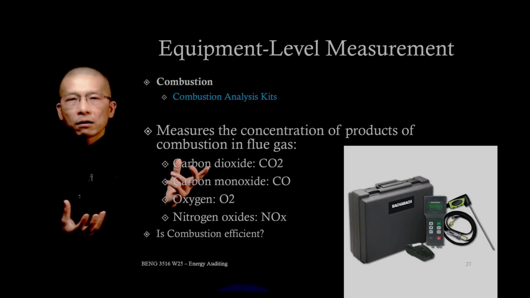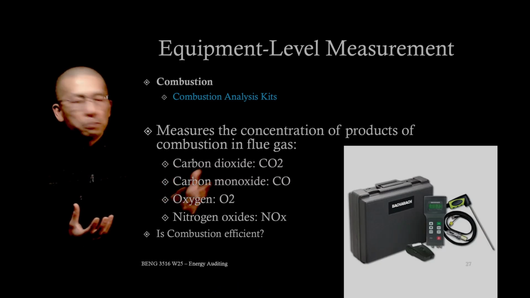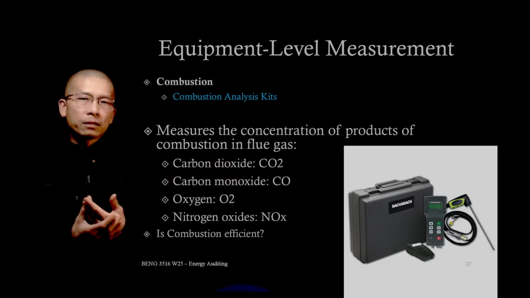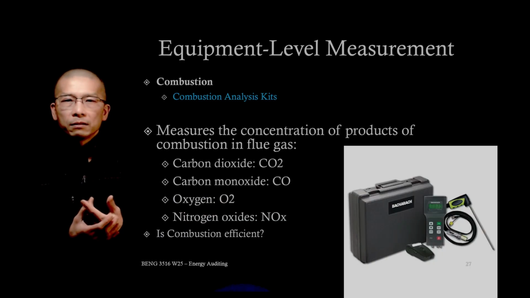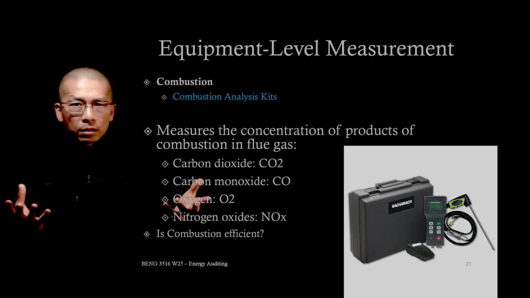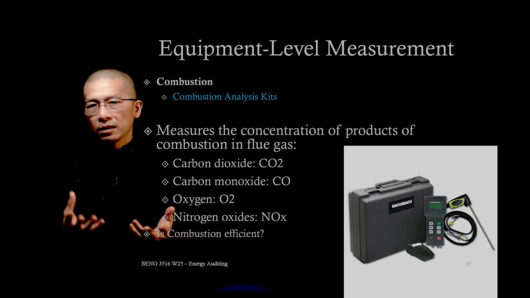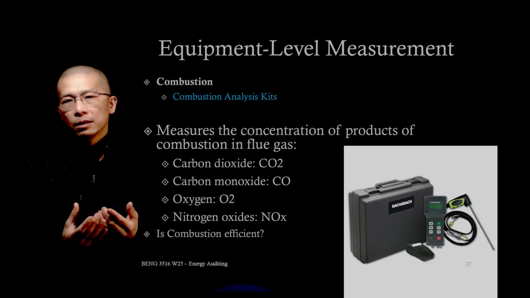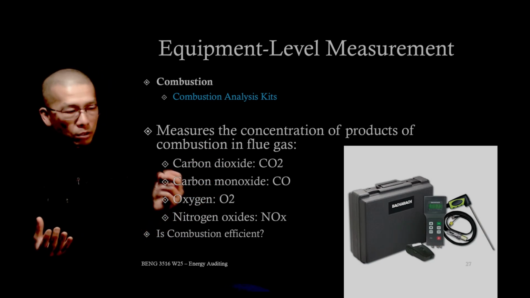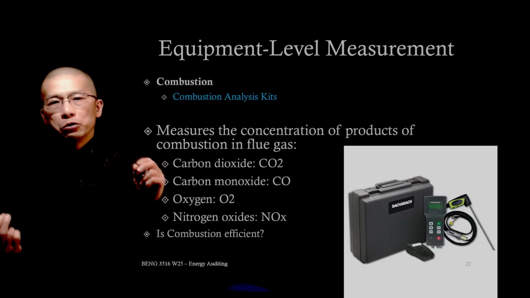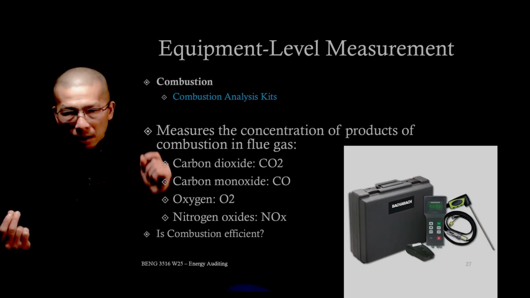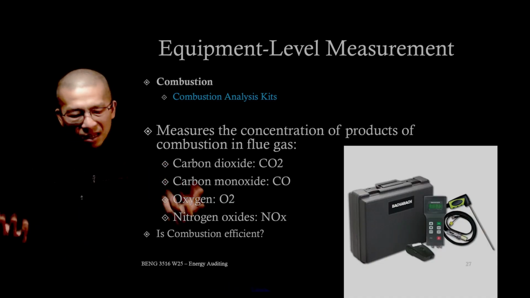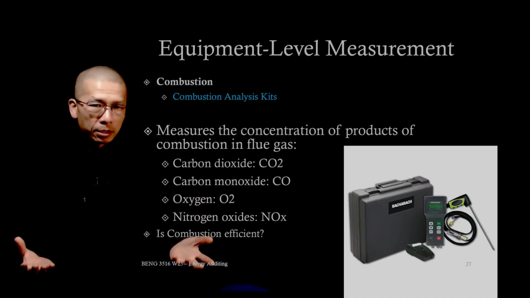Then nitrogen oxide, and sometimes unburned hydrocarbons, the fuel itself. Oxygen will tell us if there's too much air or not. Carbon dioxide indicates how complete the combustion is. And carbon monoxide, well, we know it's dangerous. It's a critical safety indicator of incomplete combustion.